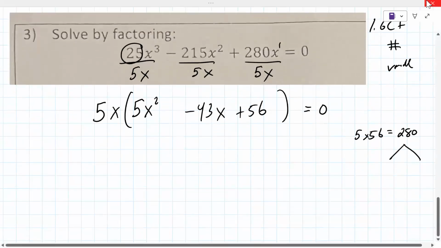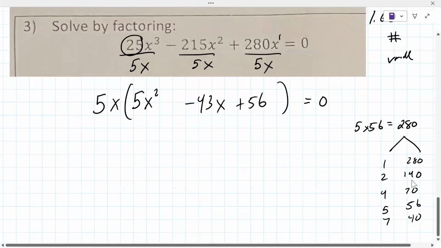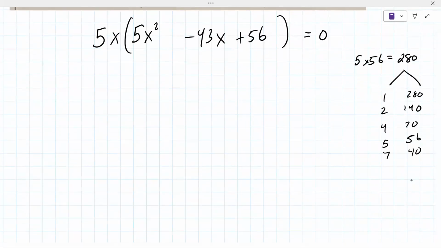So the way to do this is you just sit there and start: 1 and 280, 2 and 140. 3 does not work, but 4 does, 4 and 70. 5 does work, 5 and 56. 6 does not work, but 7 works, 7 and 40. Does 8 work? 8 should work.